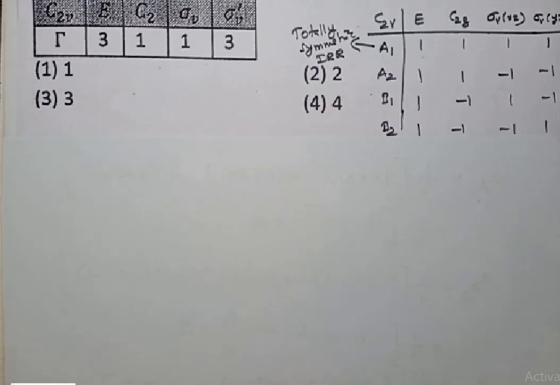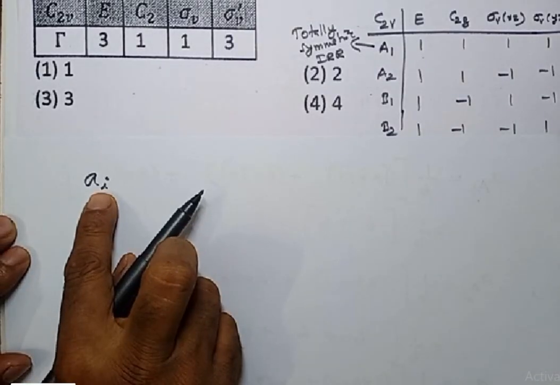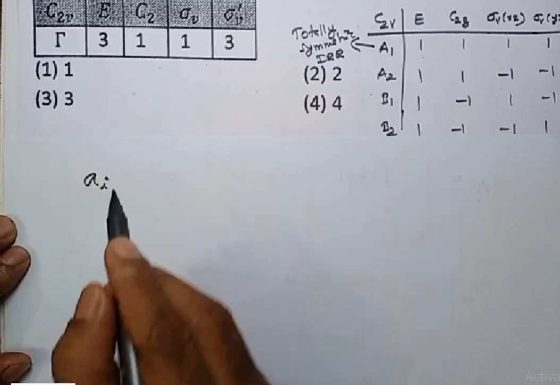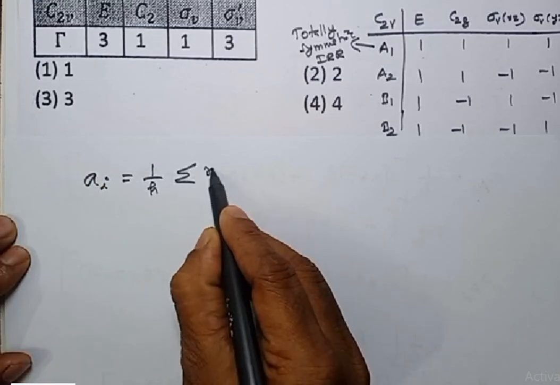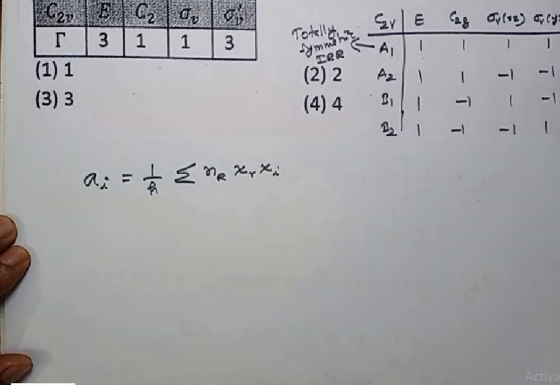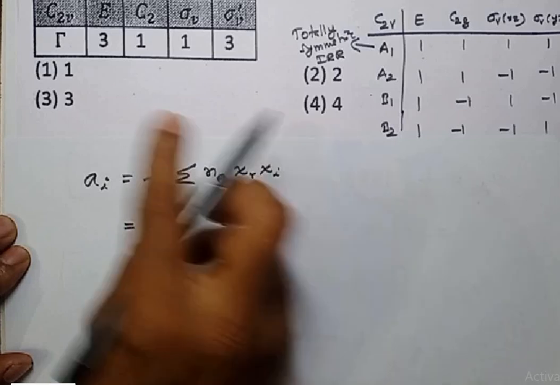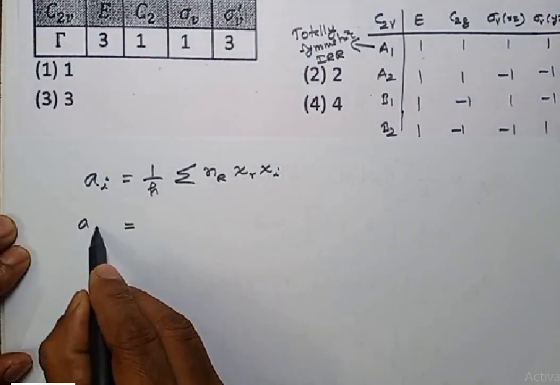Listen, so use the reduction formula. The number of times the ith irreducible representation is present in the reducible representation is equal to 1 by h, sigma n r into chi r into chi i. This is the formula. Now in this case we need to find out how many A1 irreducible representations exist.